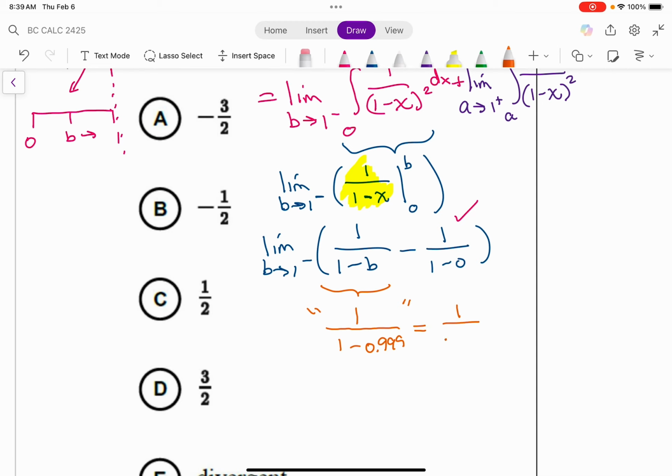Specifically, that's 1 divided by 1,000th, which is 1,000. And the closer b gets to 1, the bigger this gets. The smaller this gets, the bigger this gets. So this limit is going to infinity. So infinity minus 1, that means diverging.